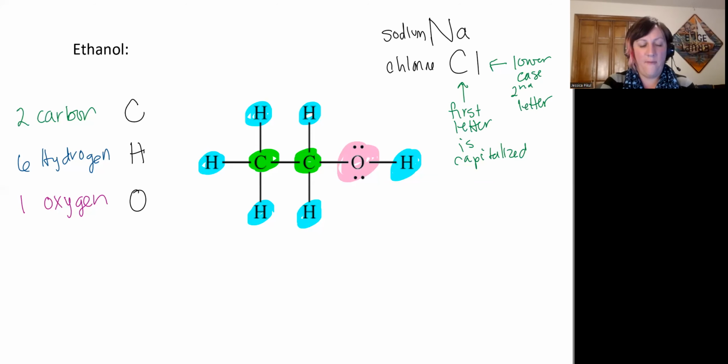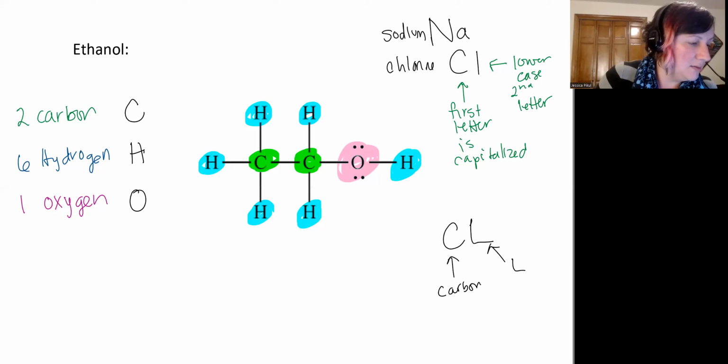If I wrote chlorine as two capital letters, sorry, I might interpret this as carbon and something that starts with L. I actually don't know if we have one that just starts with L, honestly.